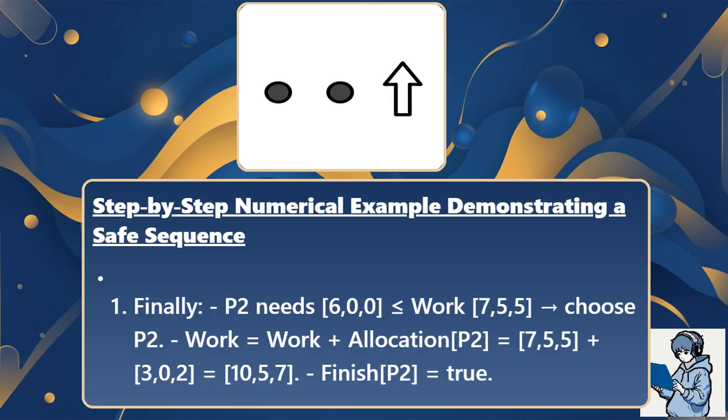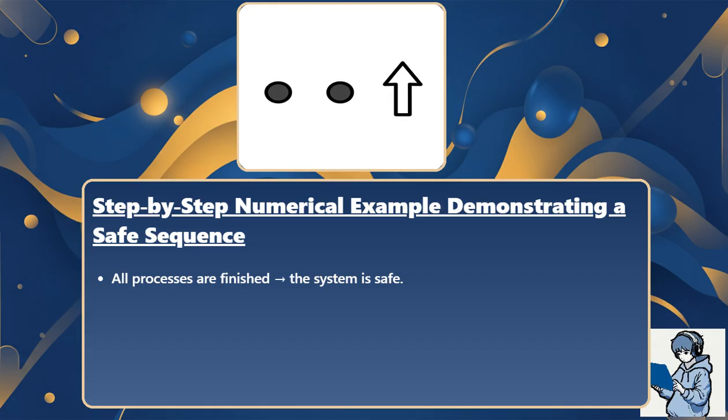Work becomes 7, 5, 5 plus 3, 0, 2 equals 10, 5, 7. Finish of process 2 equals true. All processes are finished, therefore the system is safe. Safe sequence, one possible order: process 1, process 3, process 4, process 0, process 2.